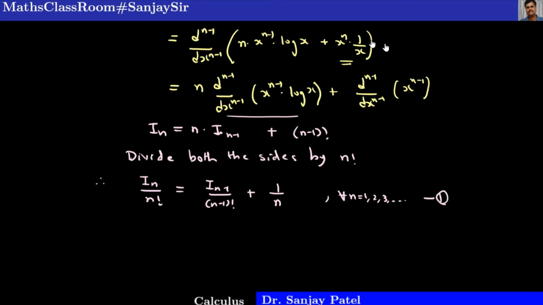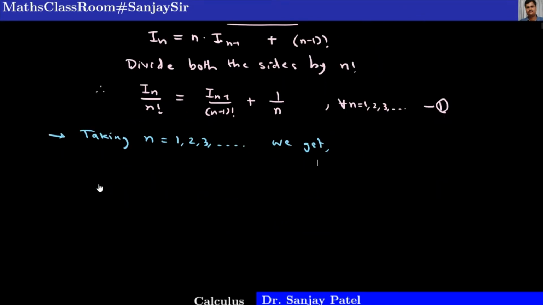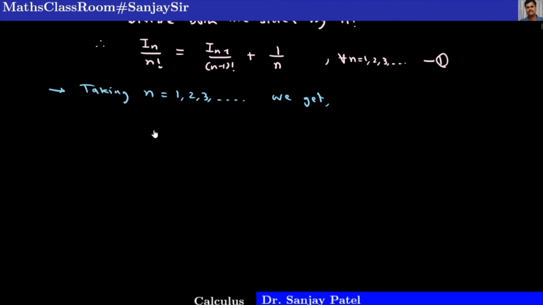Now let us put n equal to 1, 2, 3 and so on in this equation 1 and see what happens. Taking n is equal to 1, 2, 3 and so on, we get, for n equal to 1, I1 upon 1 factorial is equal to I0 upon 0 factorial plus 1 upon 1.